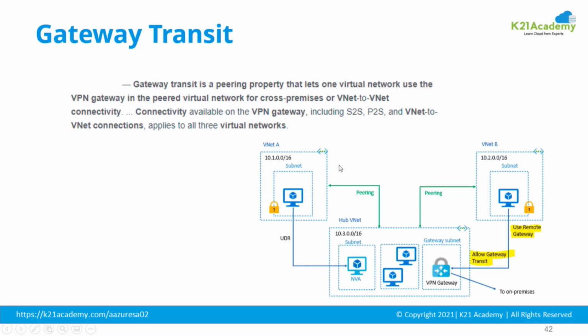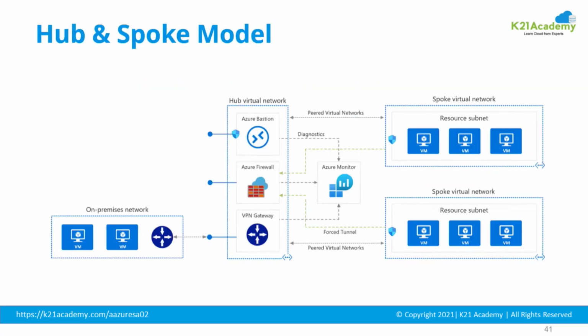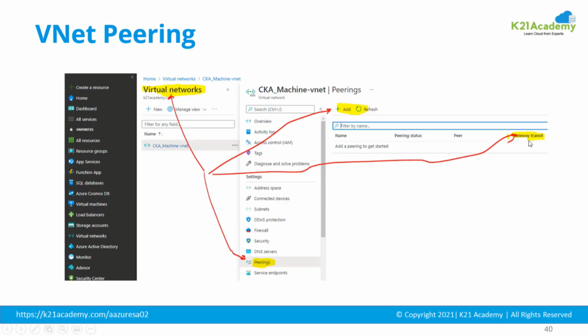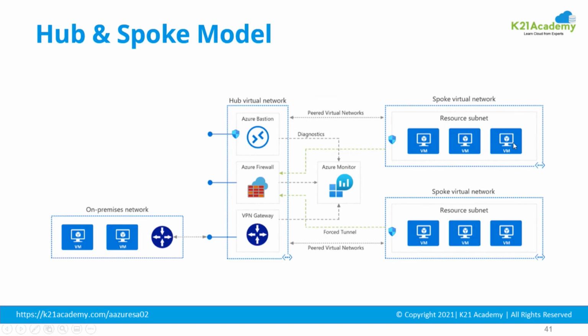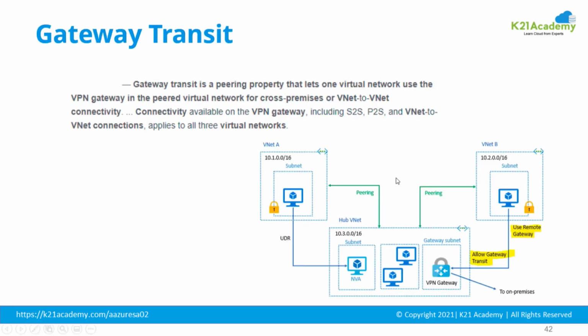Now, in order to achieve that, there is a property that you set, which we saw when we were configuring gateway transit. When you're defining it, you will say, yes, I want gateway transit. So if I set gateway transit between these 2 VNets, the hub VNet and VNet B, then any machine on-premise can talk to VNet B through this gateway transit, because we have allowed it.